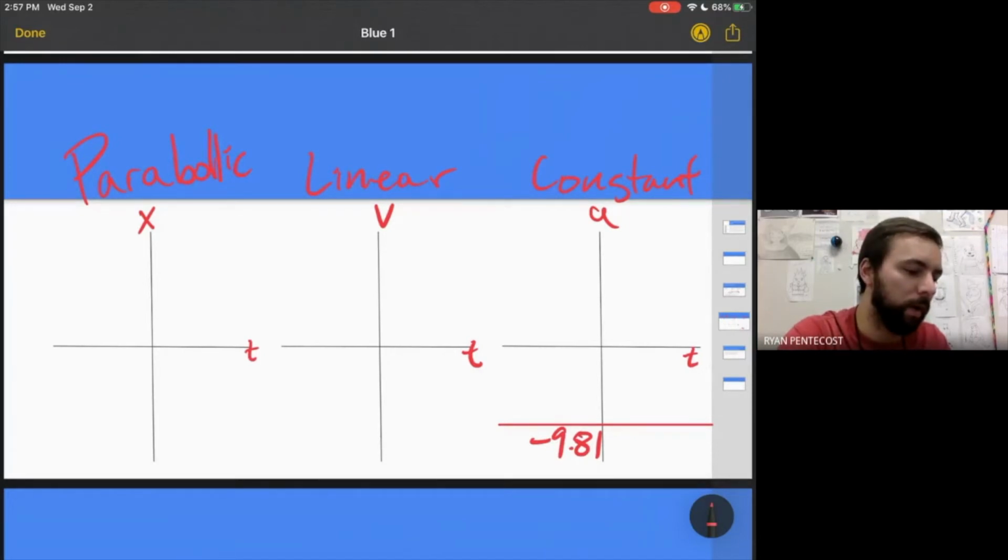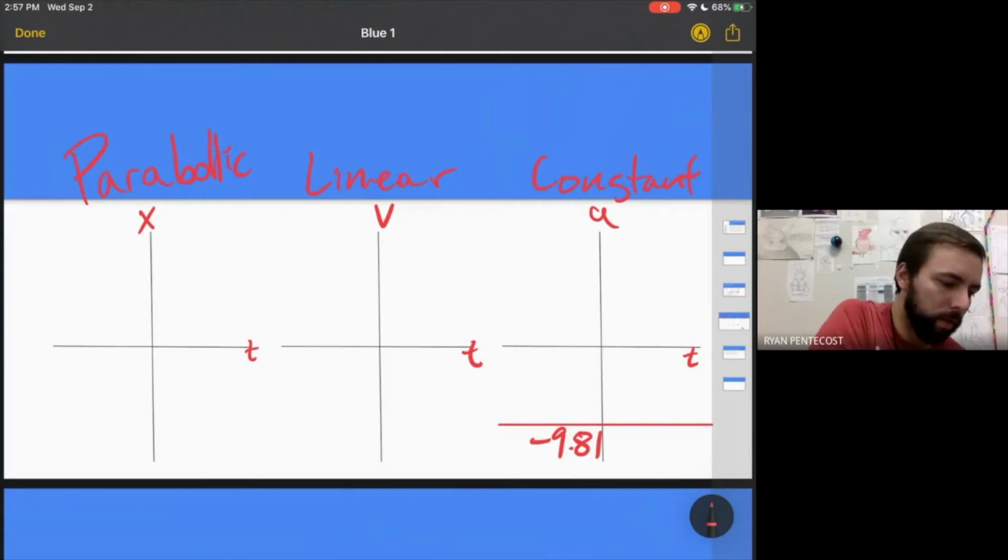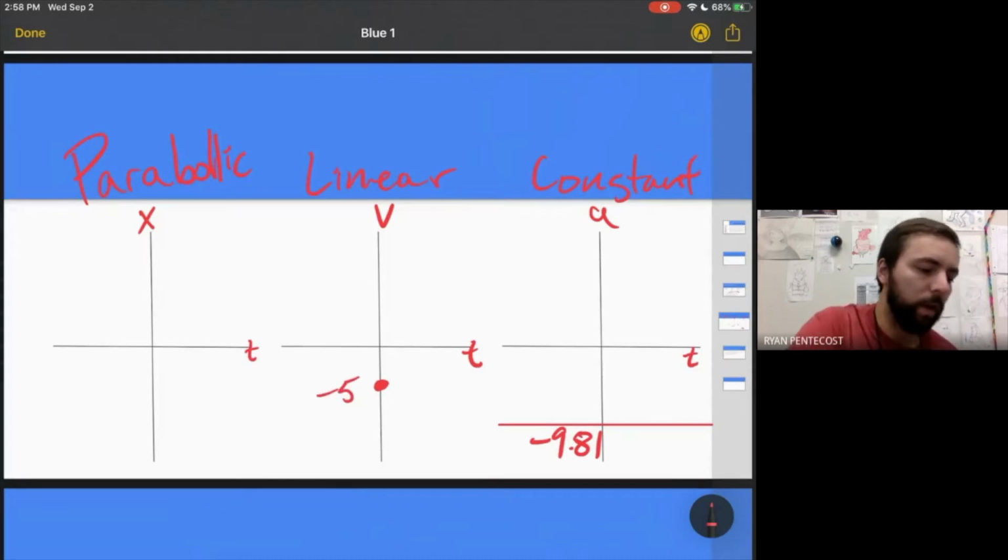So if we're going to go from constant to linear graph over in velocity, we know some information. We have an initial velocity of negative 5 meters per second. And we know that the slope of that line is going to be our acceleration.